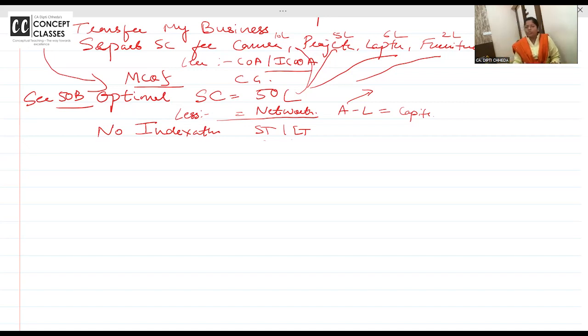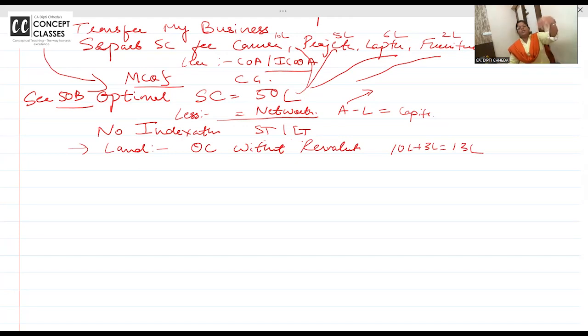Now, how do you take the cost of the assets? Your land and all, you take at the original cost without indexation, without revaluation. So many people purchase land for 10 lakh, do a revaluation of 3 lakh, and show 13 lakhs on the asset side and revaluation reserve on the liability side.